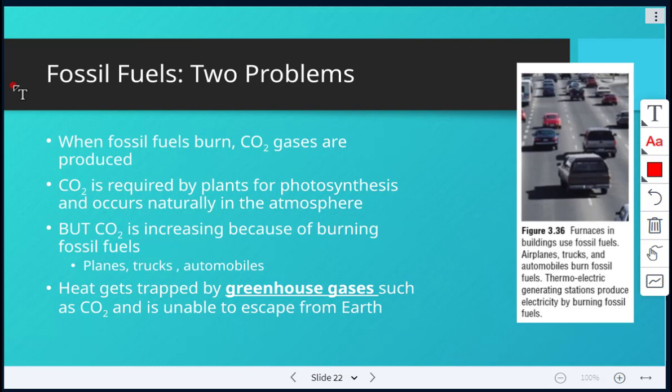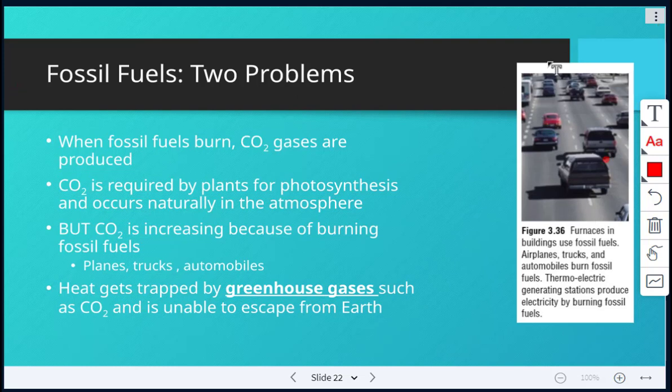Okay, and then that heat from the sun, from solar energy, it's getting trapped by those greenhouse gases, such as the carbon dioxide and methane, and then it's unable to escape from Earth. All right, so it's heating up the Earth.